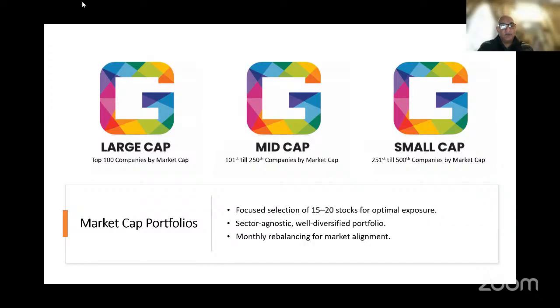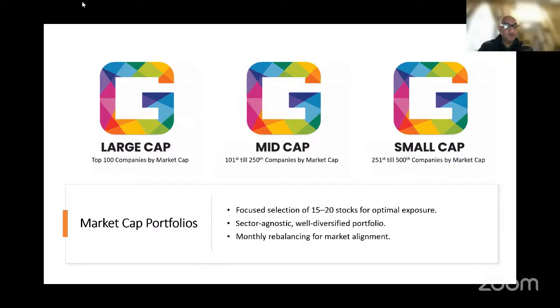Mid cap will be focused on the 101st to 250th company by market cap. And small cap portfolio will be focused on 251st to 500th company by market cap. Each of the portfolios will have exposure to about 15 to 20 stocks at a given time within the universe that it is operating in.